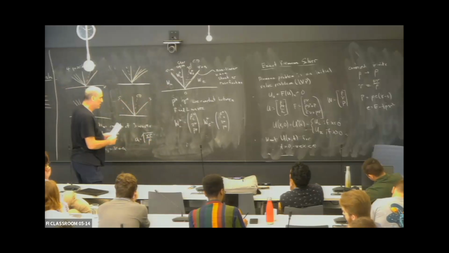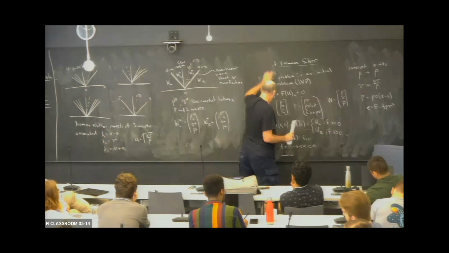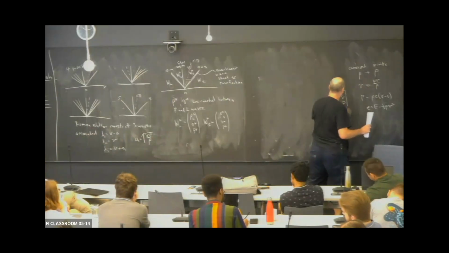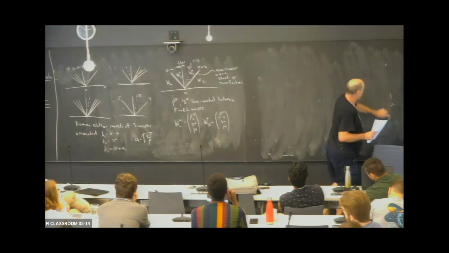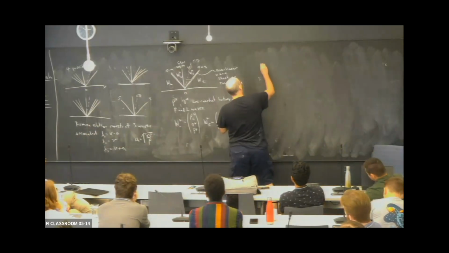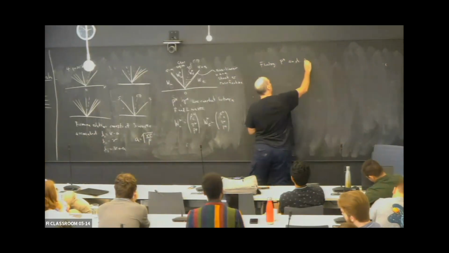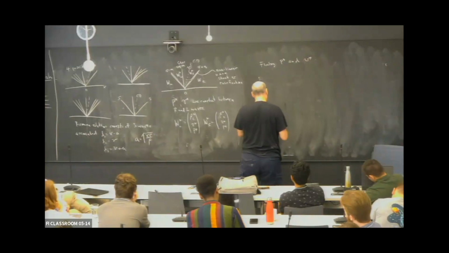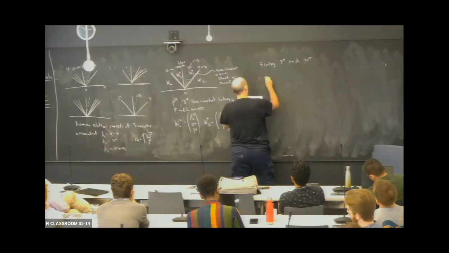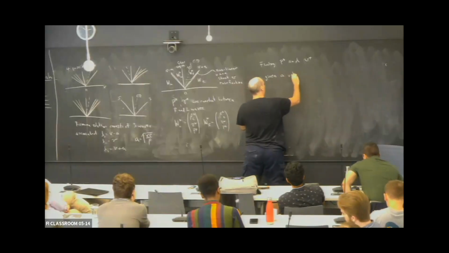Let's see. Right. Okay, so we want to know how to find P star, V star. So the way that this is solved is by looking at your initial conditions, you can get a velocity jump across the discontinuity.